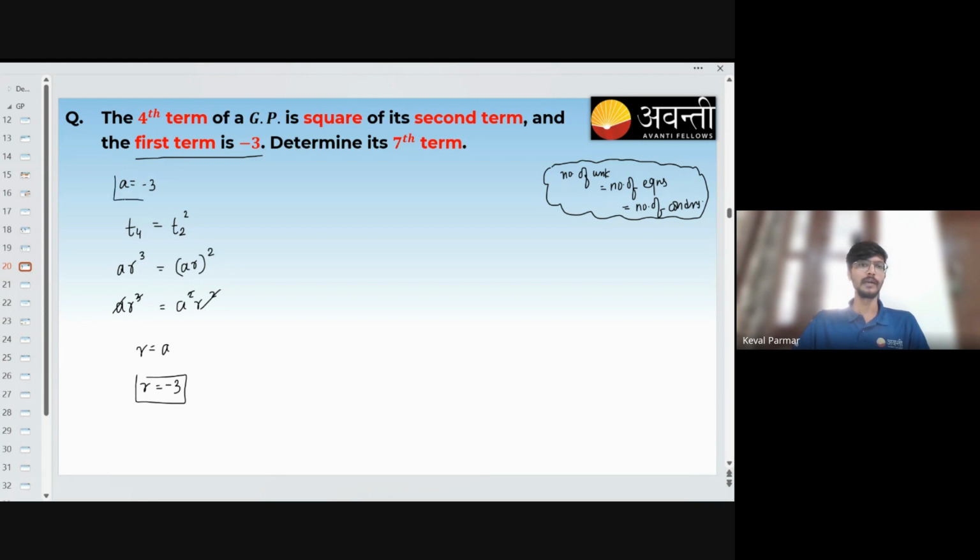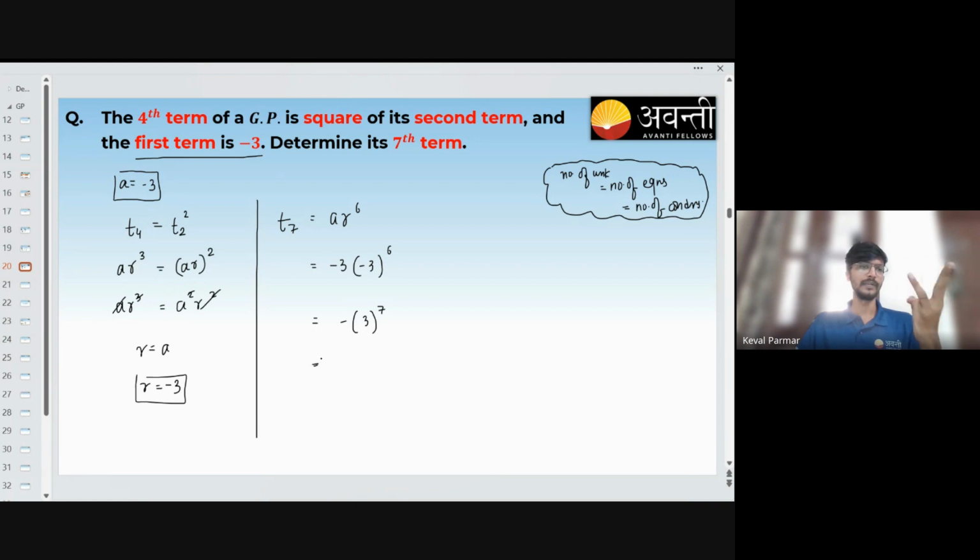That's it, done. Now whatever they can ask, I can give my answer. They want to find the seventh term. What is the seventh term? T7 will be A into R raised to the power 6. So -3 into -3 raised to the power 6. Does anyone know? -3 raised to the power 7.